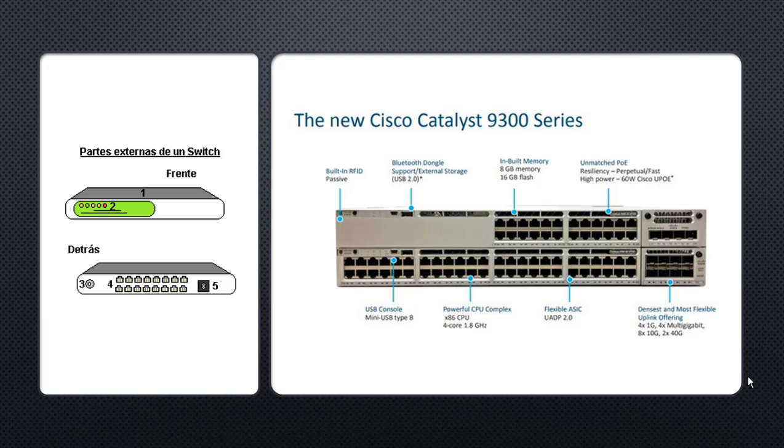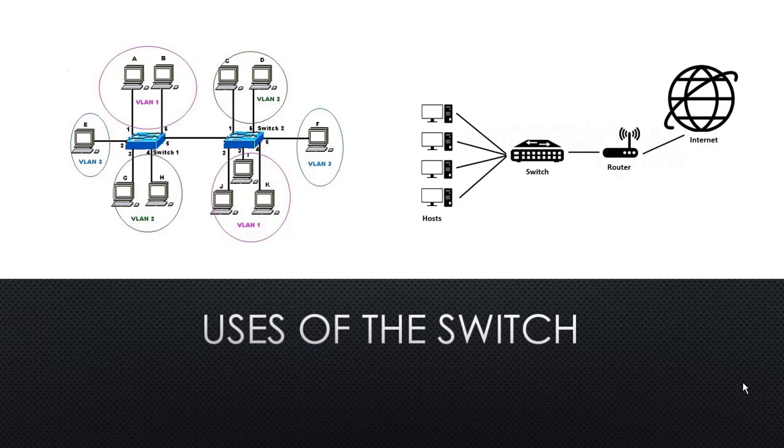Flash memory stores the correct version of the operating system, which will be loaded into RAM during the boot process, as well as the configuration data file config.txt. And finally, NVRAM memory stores the startup configuration file.